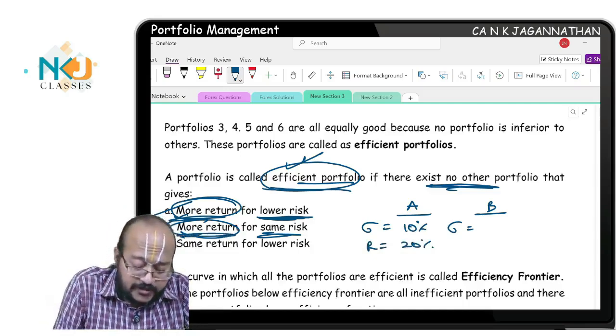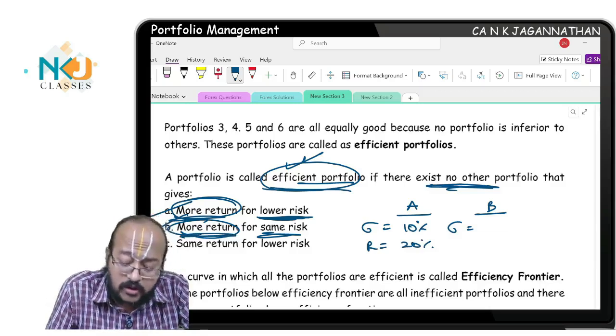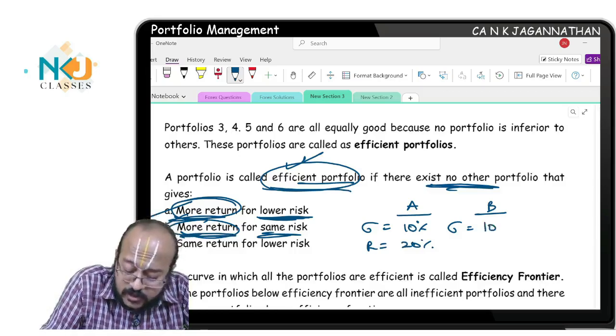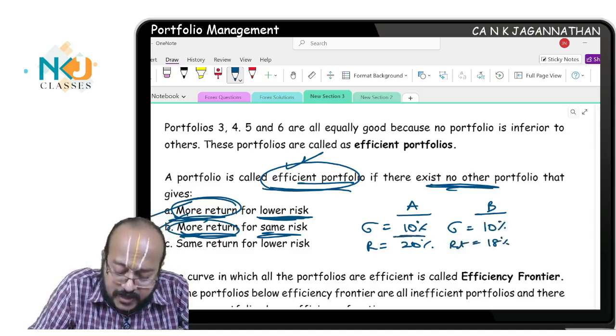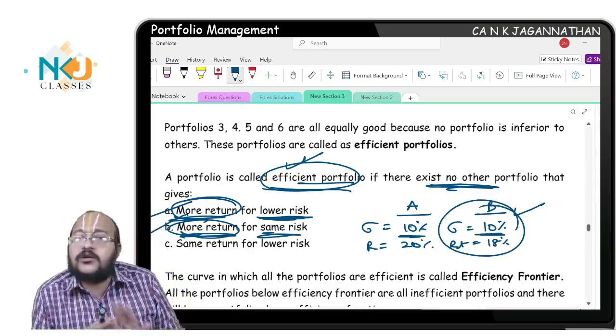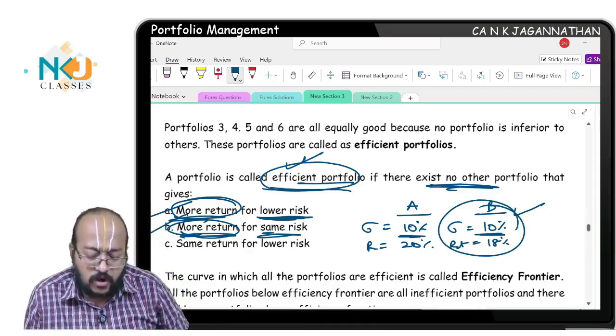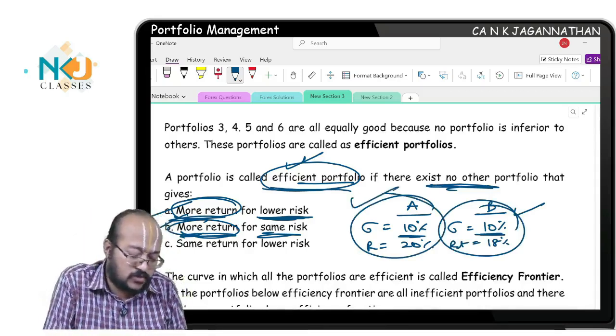Now, if there does not exist any other portfolio which gives me more return for the same risk, say B has the same 10% risk but the return is only 18%, then for the same 10% risk, is there any portfolio giving a higher return? No, not giving, which means this is efficient. Are you all understanding? This is also one possibility.